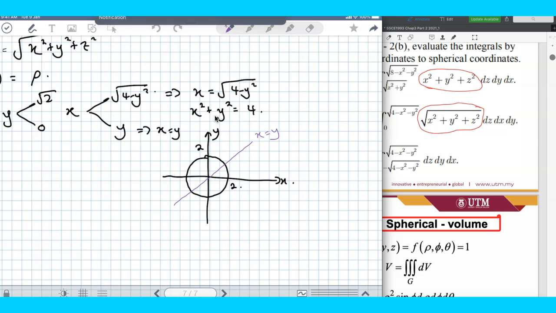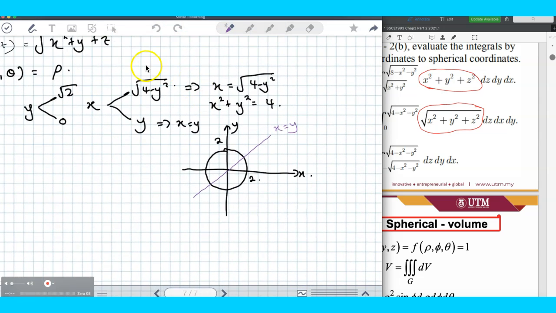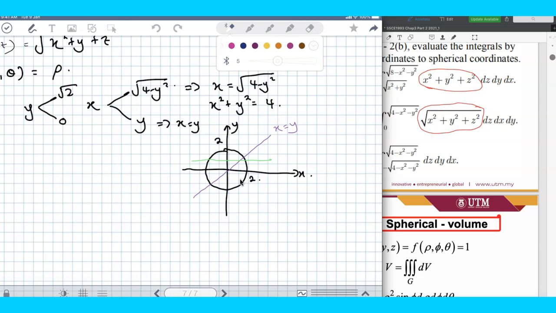Then you have to go back to the limits given. The limit says that for y, we have to draw a horizontal line. The lower bound of y is 0, meaning that you don't have the curve down there. We don't want y negative, so we need to erase this. No y should be negative.